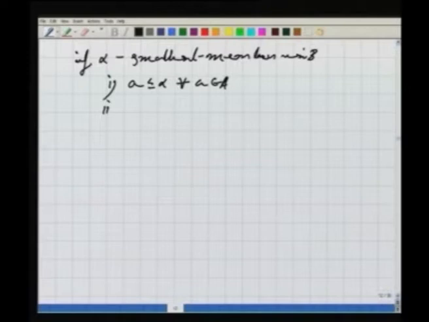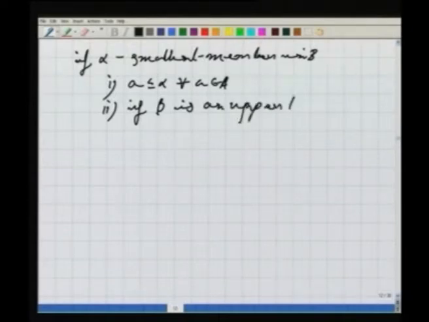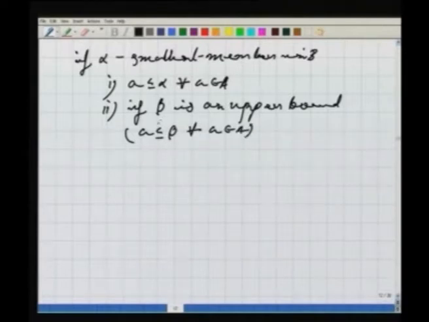That means, if beta is an upper bound, which means a is less than or equal to beta for all a in A, then this beta must be bigger than or equal to alpha. That is, alpha is less than or equal to beta.